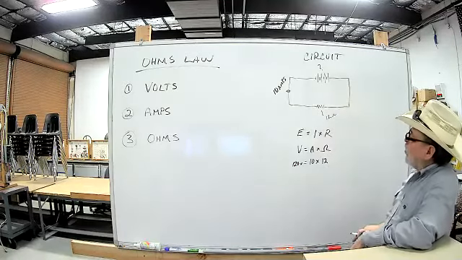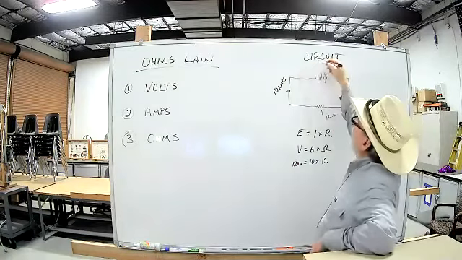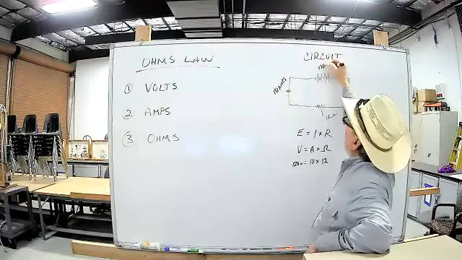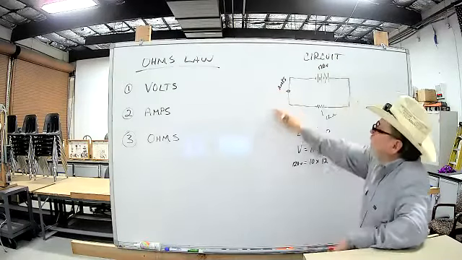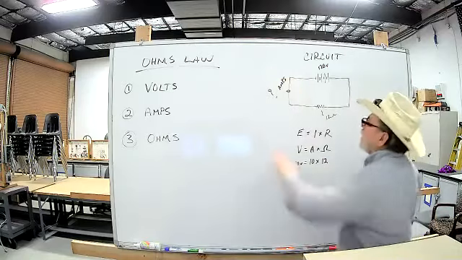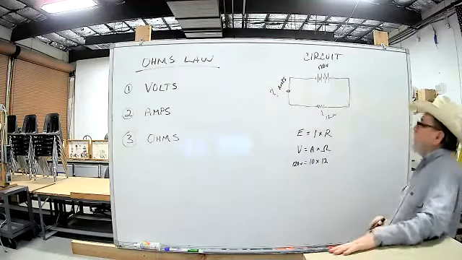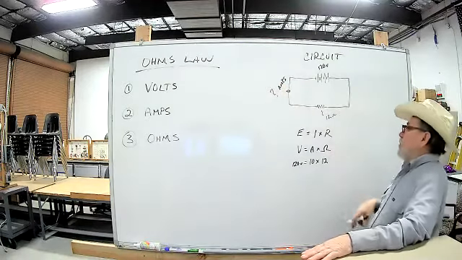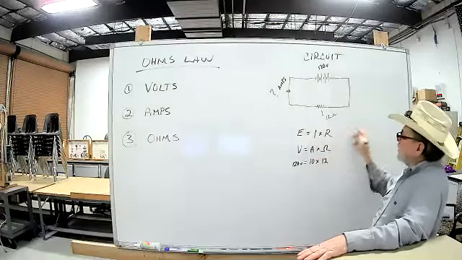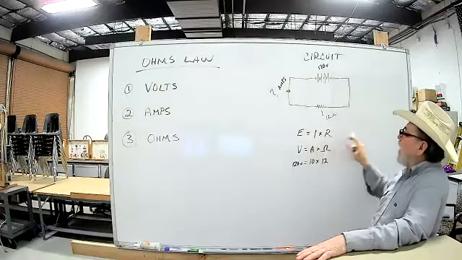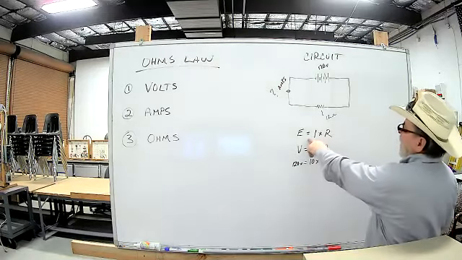Now let's say you already know it's 120 volts, but you don't know how many amps. You want to find out how many amps. So in algebra, you divide both sides by the one you want to get by itself.